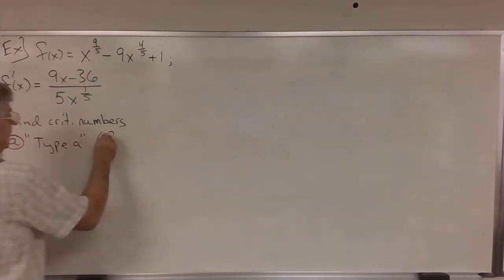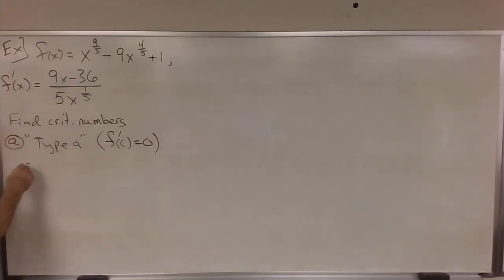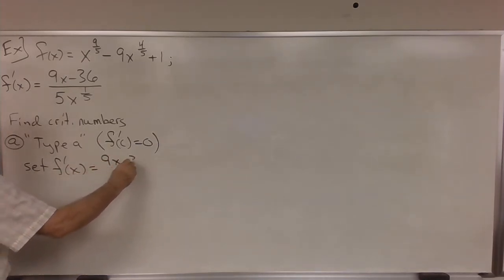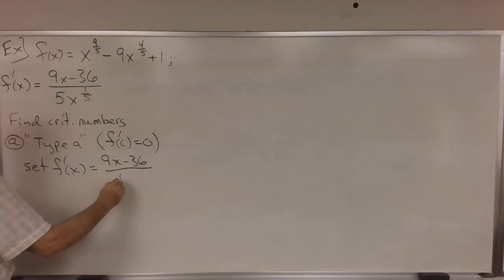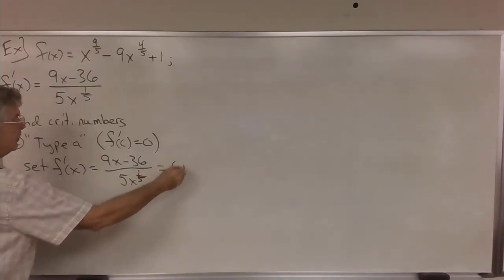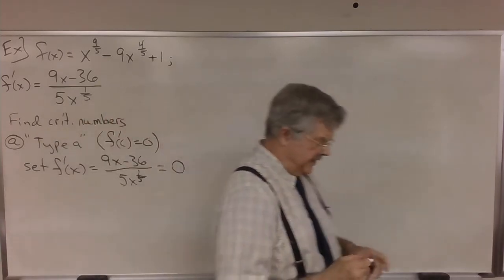So that's it. F prime of c equals 0. So we set the derivative equal to 0. And we see what that forces x to be.